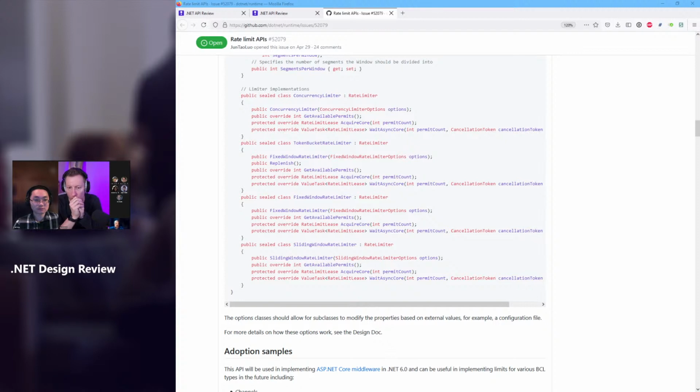So, TryReplenish, AttemptReplenishment, CheckReplenish. The verb is what you want the object to do, right? If the verb is replenish, then it should replenish. If the verb is try, then that means it can fail.